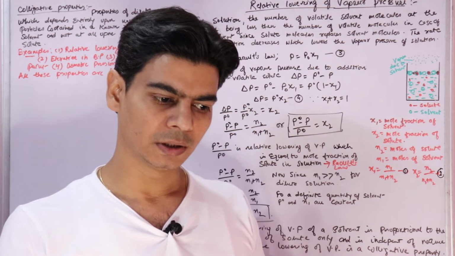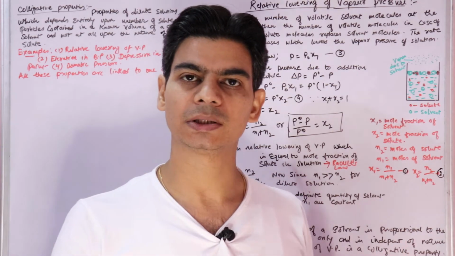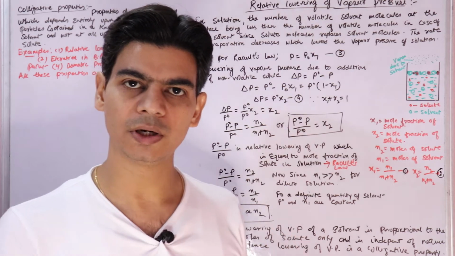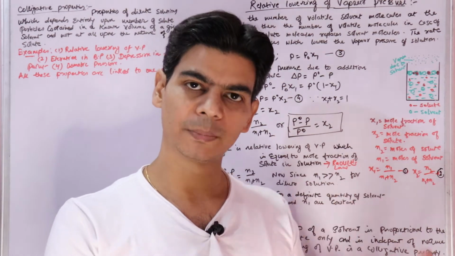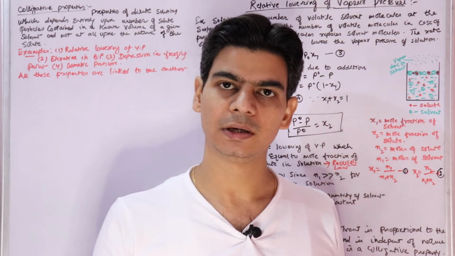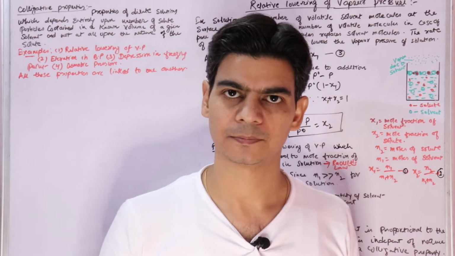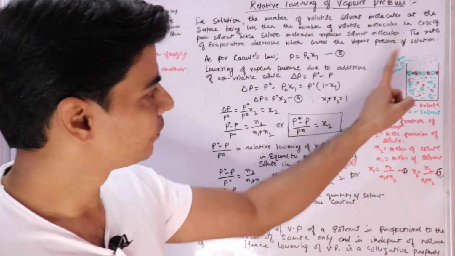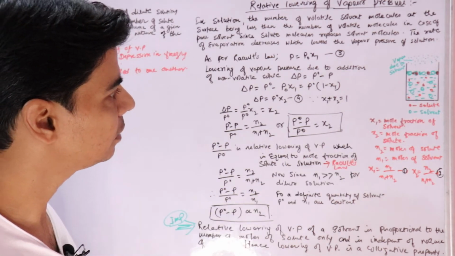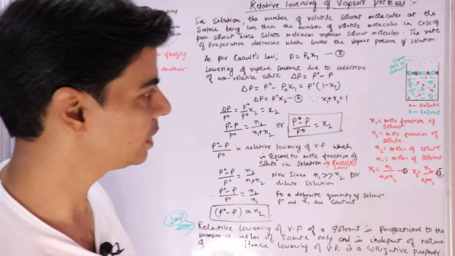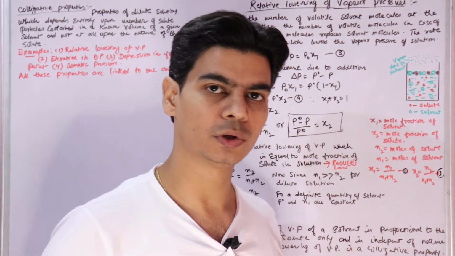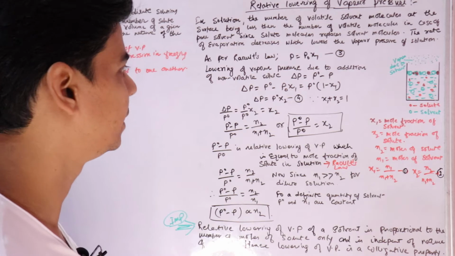That means the rate of evaporation decreased, which resulted in lowering of vapor pressure. The vapor above this solution is only due to solvent, because the solute is non-volatile.